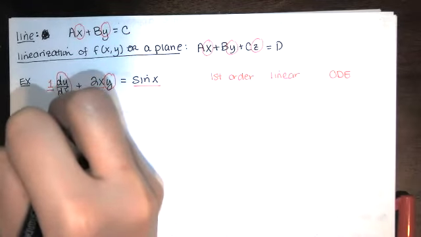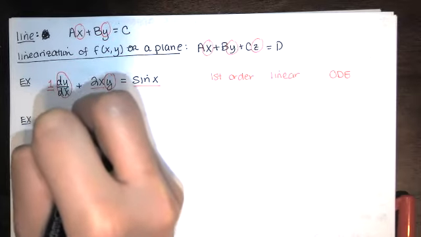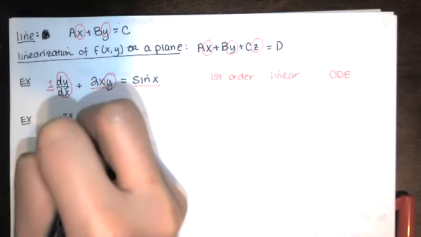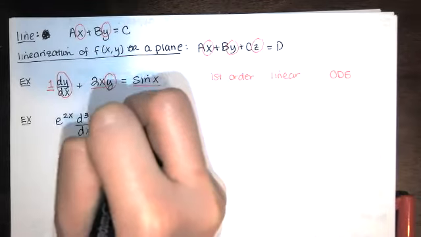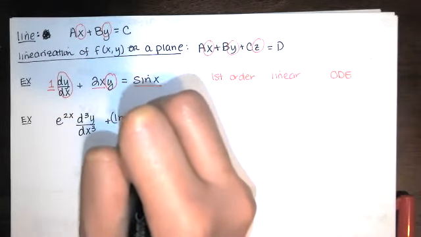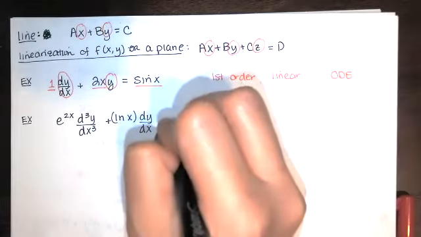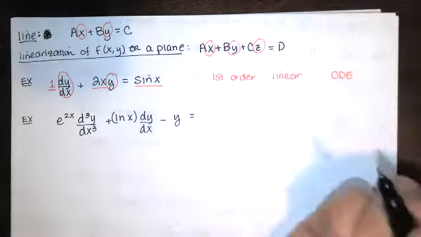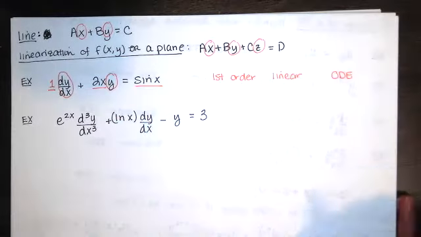So you've got e to the 2x times the third derivative of y with respect to x, plus natural log of x times dy dx, minus y equals 3.